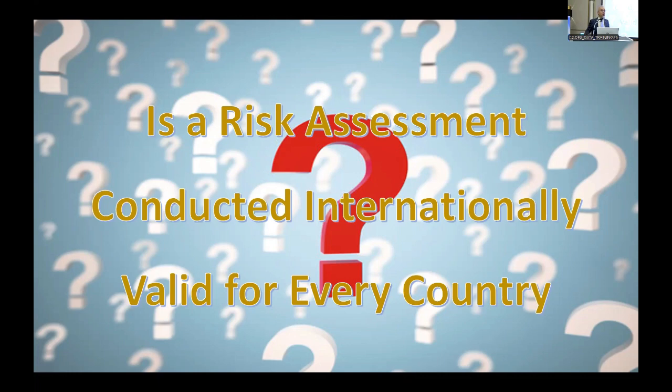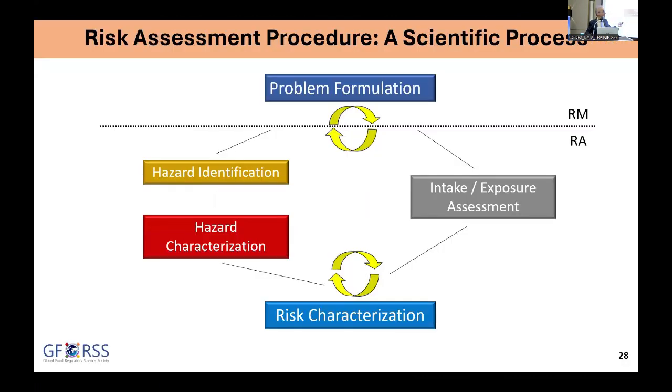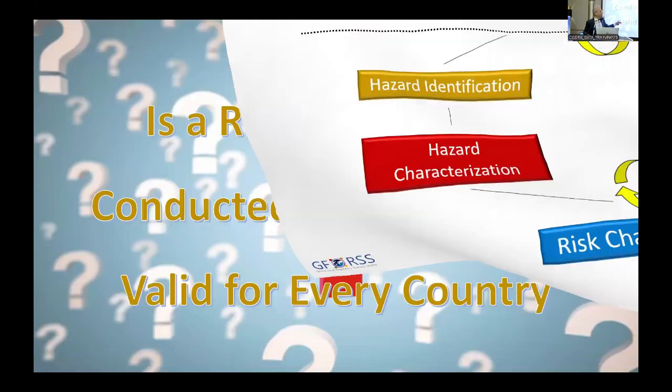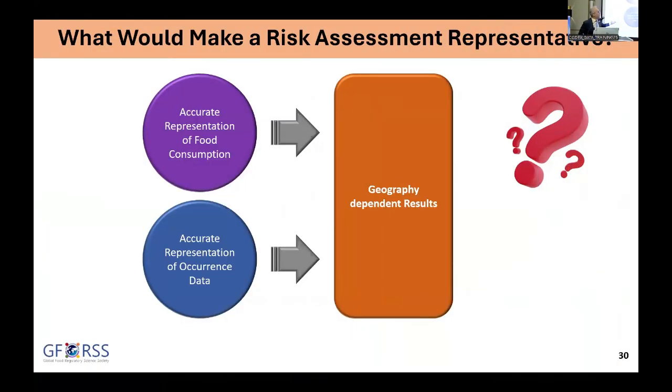So we go back to the next slide. So basically, what is geography dependent? It's the way foods are consumed. People don't consume food in the same way, and that can influence the exposure. The second influence, of course, is the accurate representation of the occurrence data.